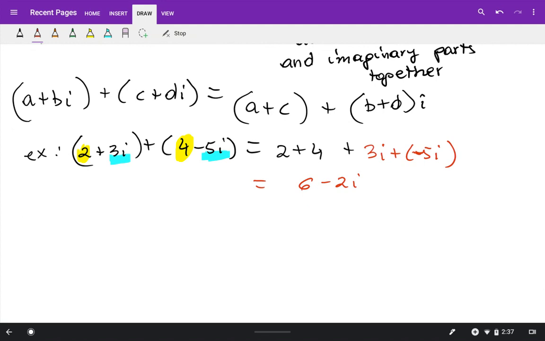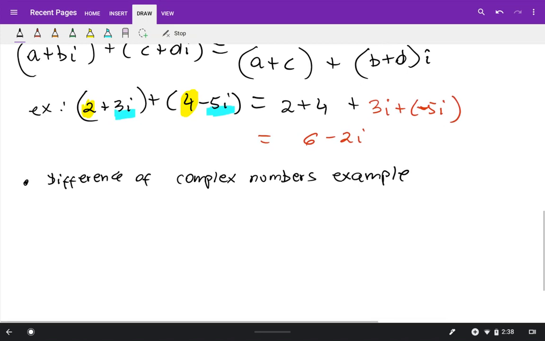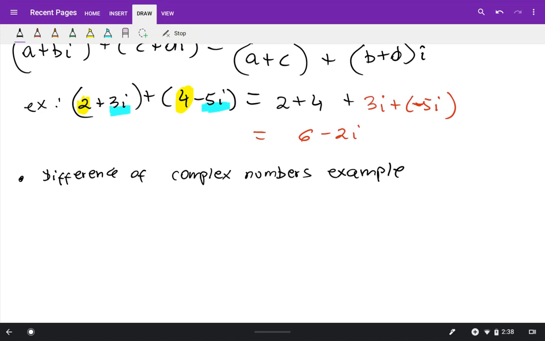Difference of complex numbers, so you're doing the same thing. Let me give you the example. Because difference means add the opposite.